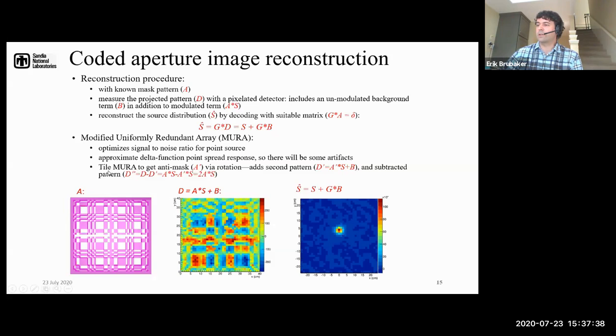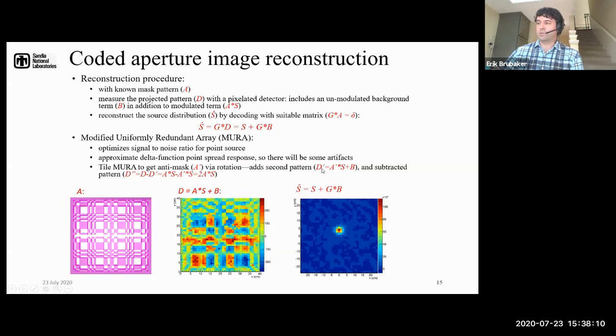And so that's where, if you look down to the last bullet here, the anti-mask comes in. So if you have the anti-mask, and you acquire an additional data set, call it D prime, with the anti-mask on the same source distribution, the background is not modulated through the mask, so it's the same B as you had for the original data set.